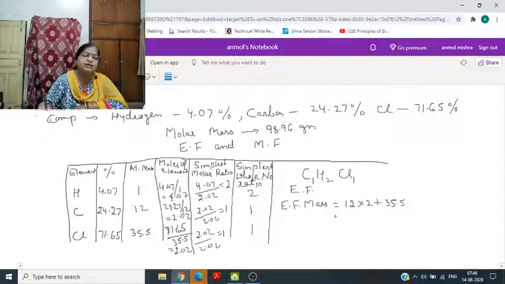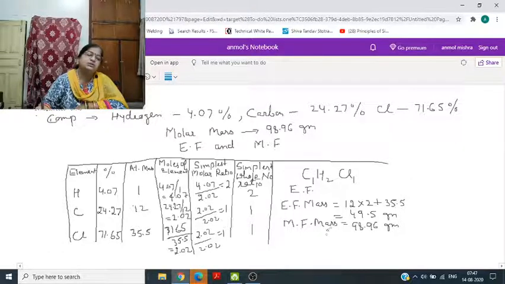When we add it, it comes out to 49.5. The molecular formula mass is given in the question as 98.96 grams. The formula is molecular formula mass is equal to N into empirical formula mass.